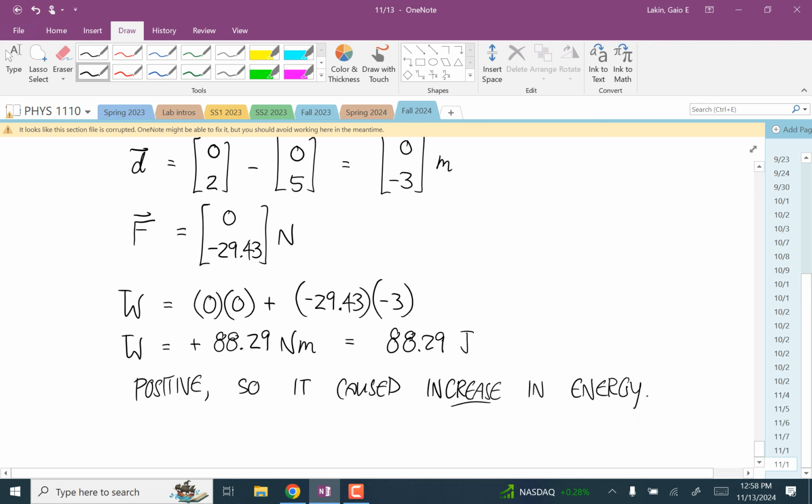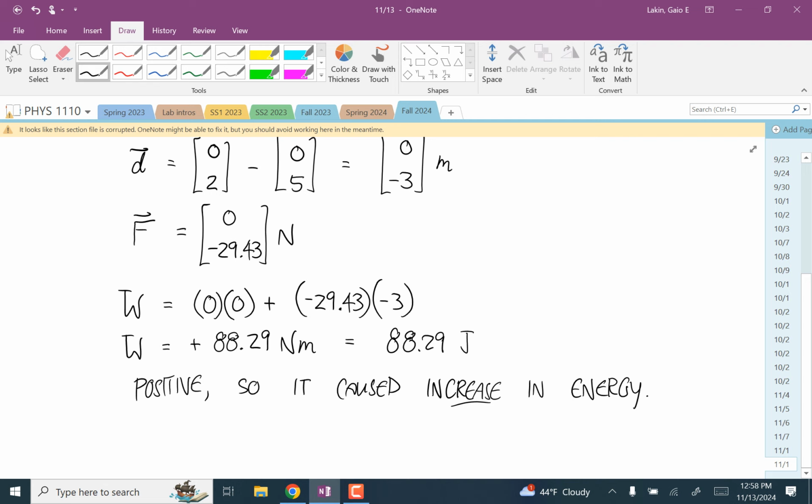Okay. What do you think would happen to the work if, say we still were looking at the effective weight, but this time the object went from a height of 2 meters up to a height of 5 meters? Then you would expect that gravitational force to contribute to slowing that thing down, right?